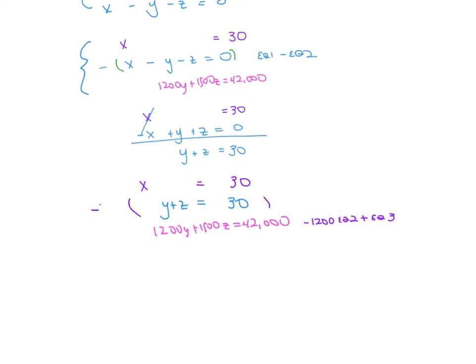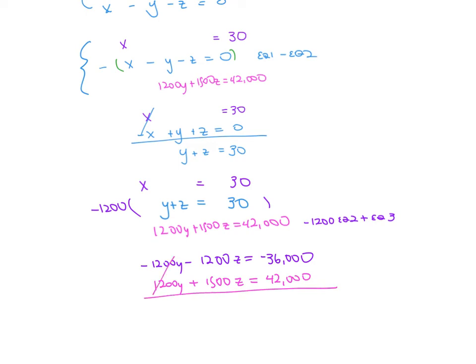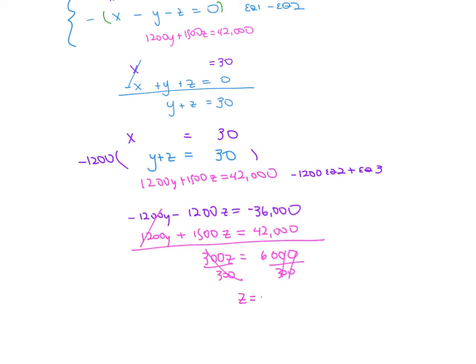So this is negative 1,200y minus 1,200z equals negative 36,000. Hopefully I'm saying those numbers right. I apologize if I misspoke. 1,500z equals 42,000. And let's add them together. So we get 300z equals 6,000. Divided by 300, so z equals 20.